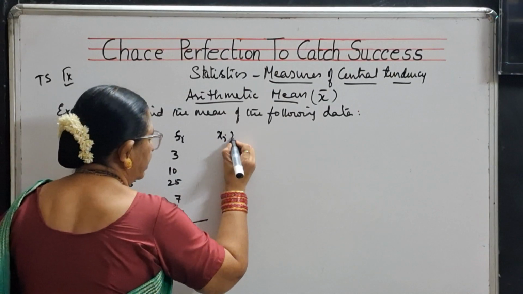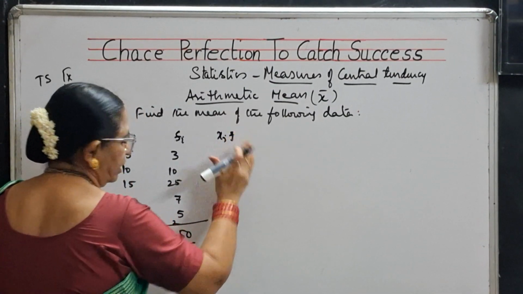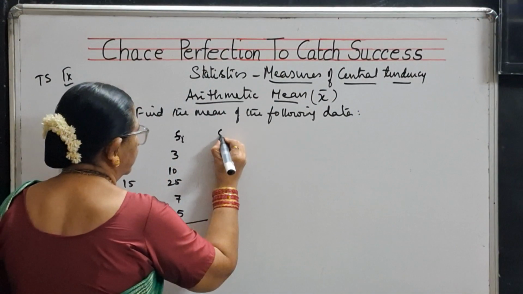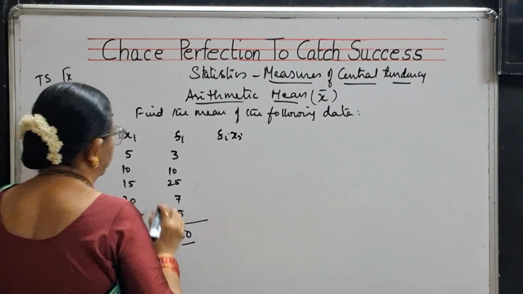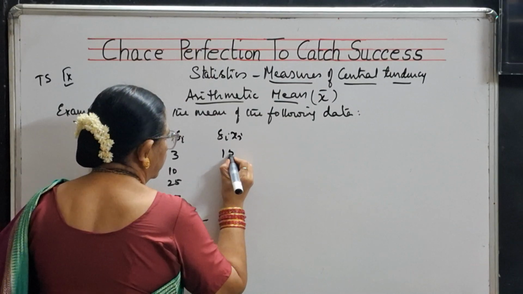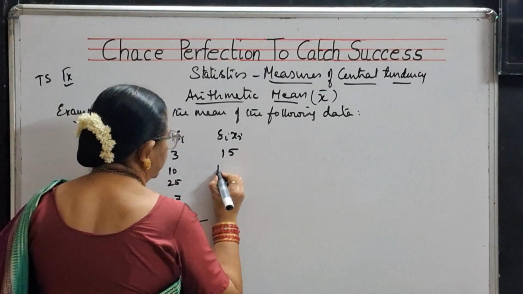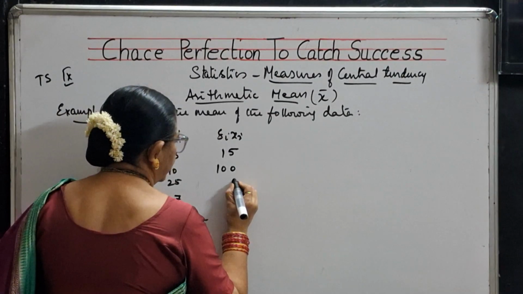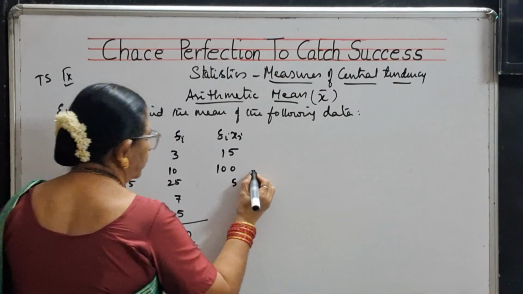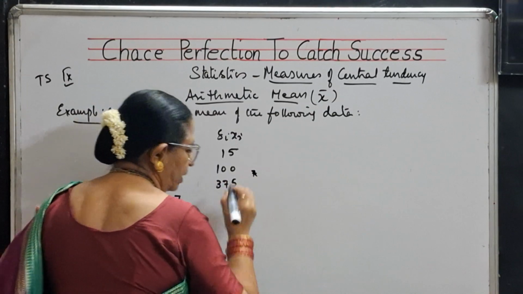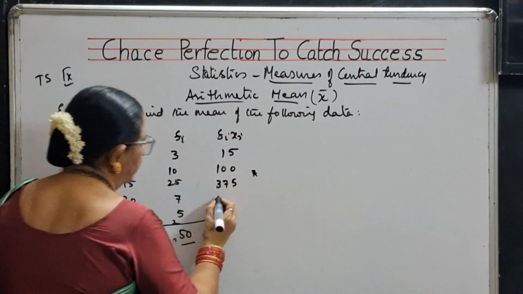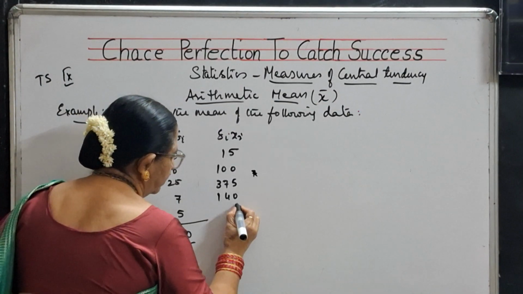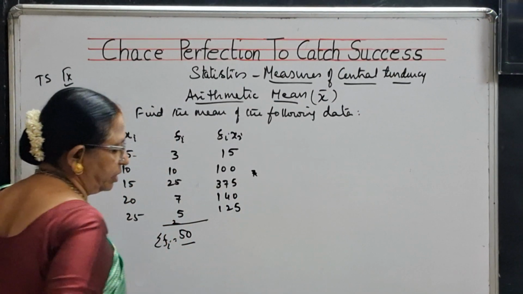You have to multiply these two. Fi usually we write as fi, so let me write it like that. Fi into Xi: 5 3s are 15, 10 10s are 100, 15 25s are 375, 20 7s are 140, 25 5s are 125.